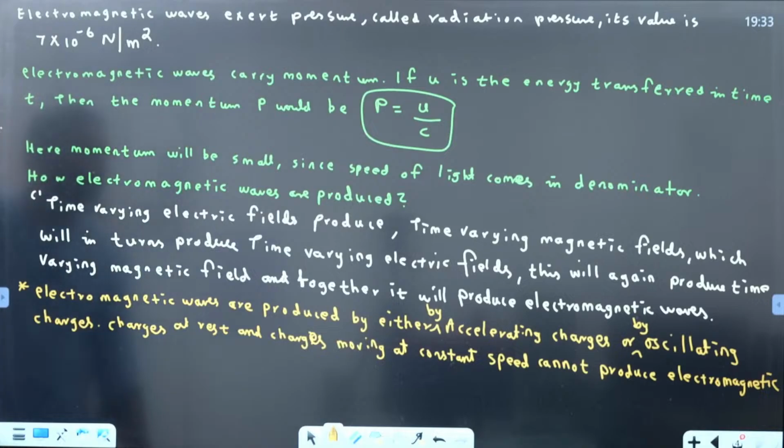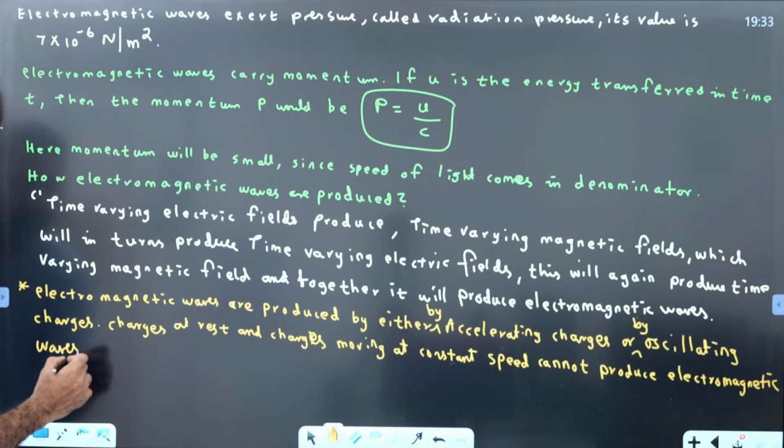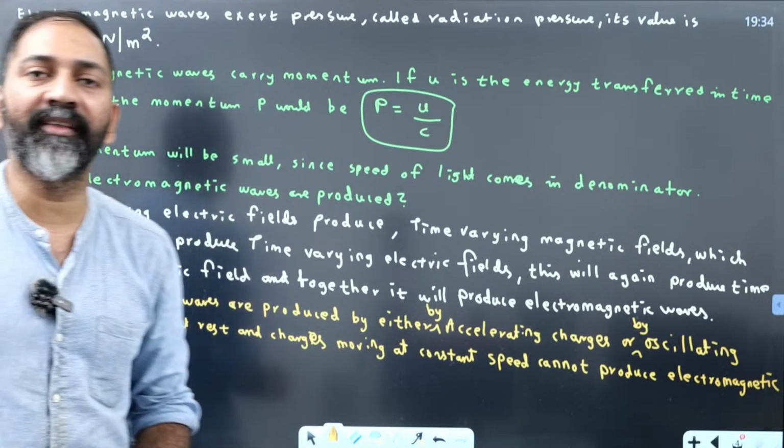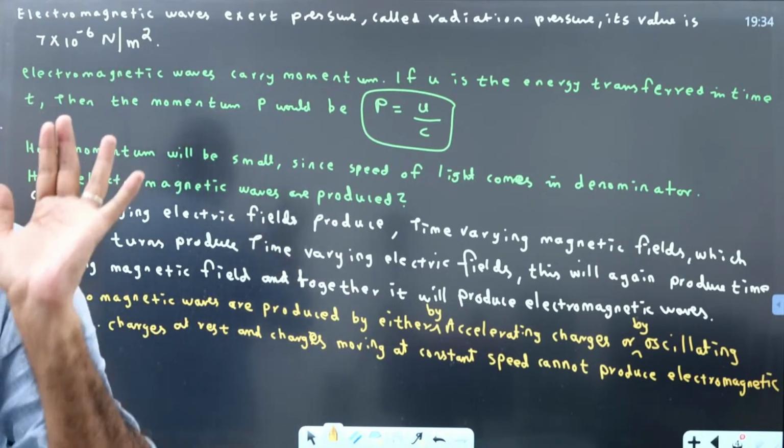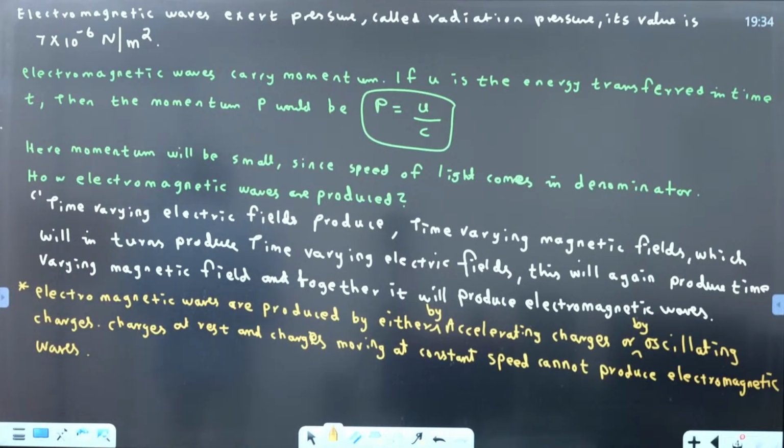Charges at rest and charges moving at a constant speed cannot produce what? Electromagnetic waves. So how are electromagnetic waves produced? Either by accelerating charges or by what? Oscillating charges. I hope you are clear.